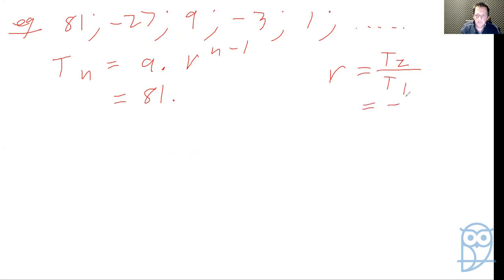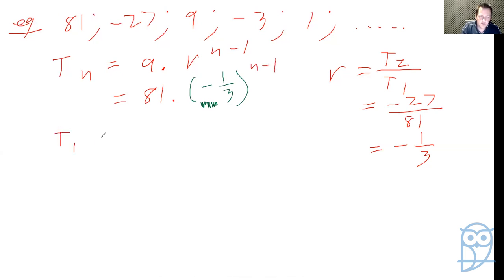So that is minus 27 over 81. And that comes out at minus a third, which means that this r is going to be minus a third. And we knew that it would have to be a fraction because my numbers are becoming smaller. But also the fact that it's positive, negative, positive, negative, positive, negative means that you're going to have a negative common ratio.